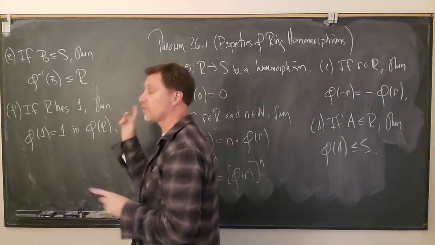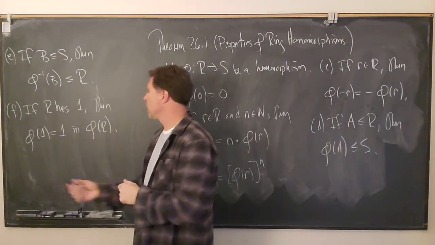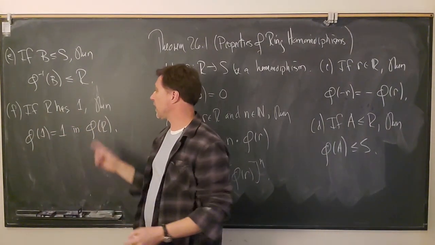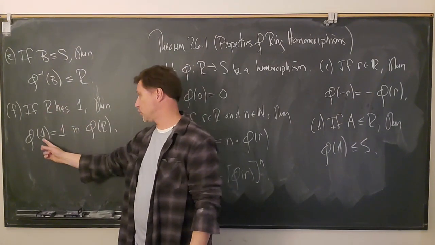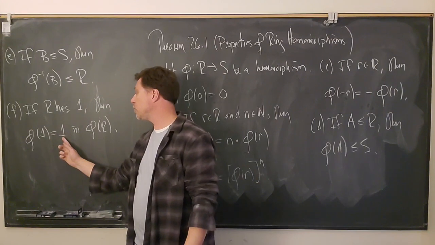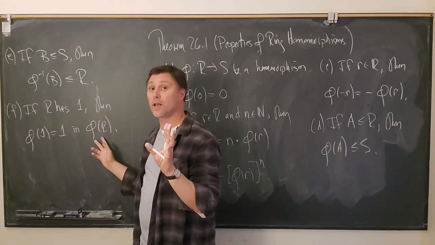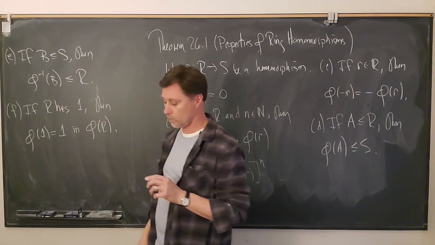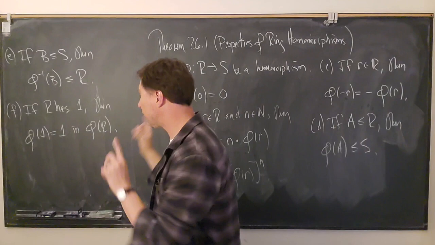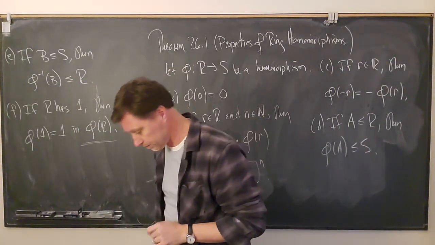First of all, I do not mean the number 1 in any of the situations here. It's saying that if R is a ring with unity, then the image is going to be unity in phi of R, not necessarily in all of S. So unity goes to unity, but it's unity within the image, not necessarily the entire codomain.